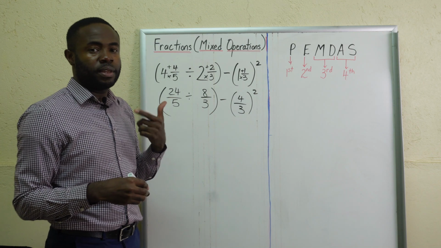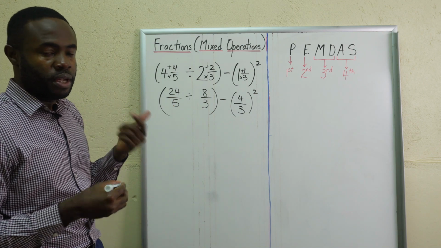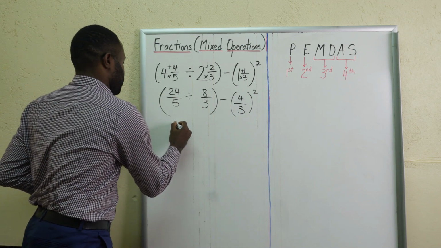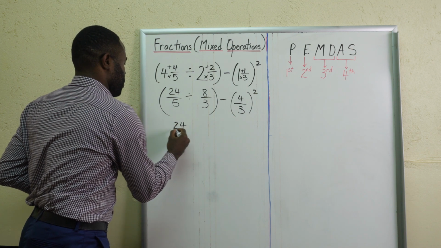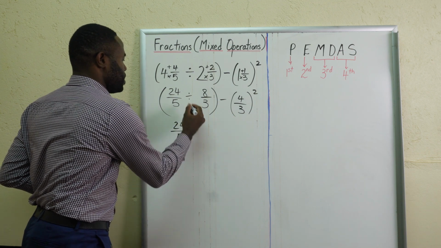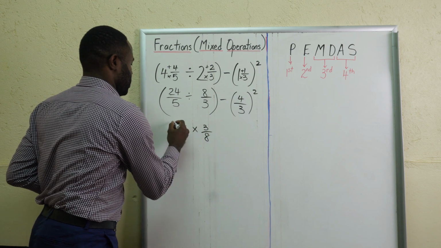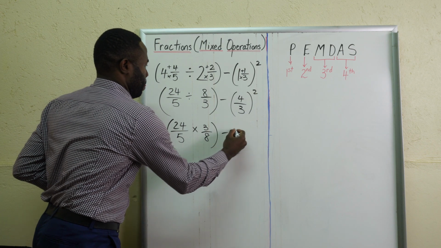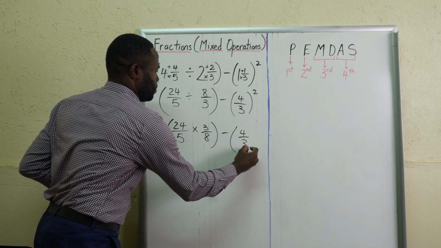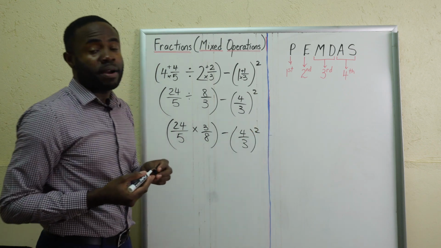The numerator becomes the denominator, and the denominator becomes the numerator. So that would be 24 over 5, change the divide to multiply, and then write 3 over 8. And then you write back everything as is.